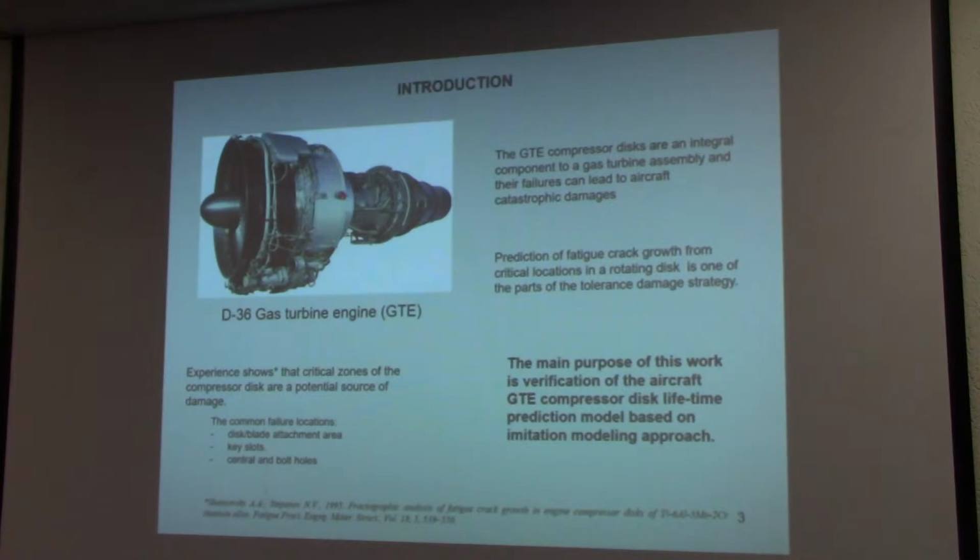So prediction of fatigue crack growth from a critical location in a rotating disc is one of the parts of the damage tolerance strategy. So the main aim of this work is verification of the aircraft GTE compressor disc lifetime prediction model based on an imitation modeling approach.